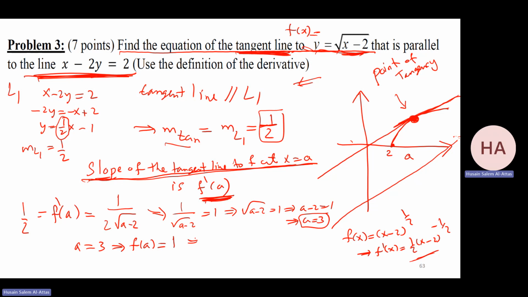So the equation will be, we are done, y minus f of A equals f prime at A times (x minus A). My A is 3.